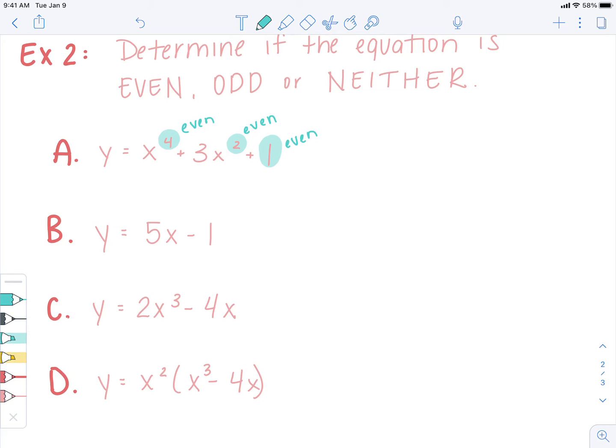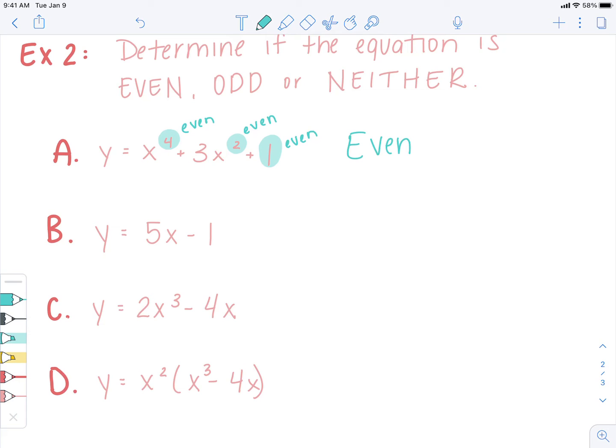Even though it's a 1, I don't care what the number is, I just care that it's a constant. So it's considered even. So because everything in there is considered even, that makes this an even function. If they're not all even, or they're not all odd, then it's neither.